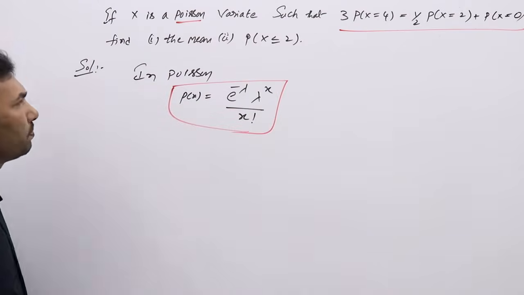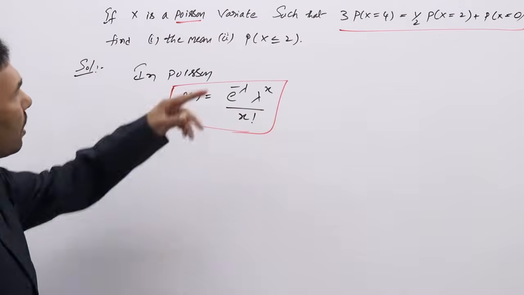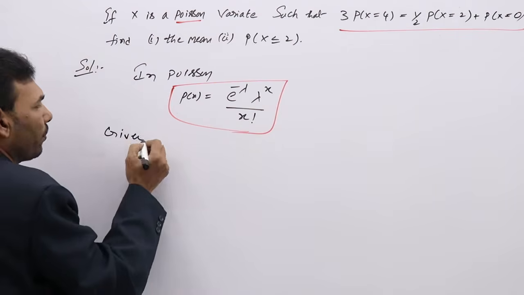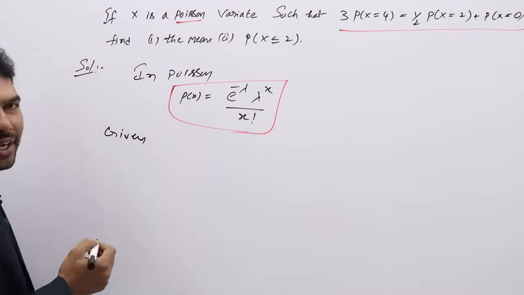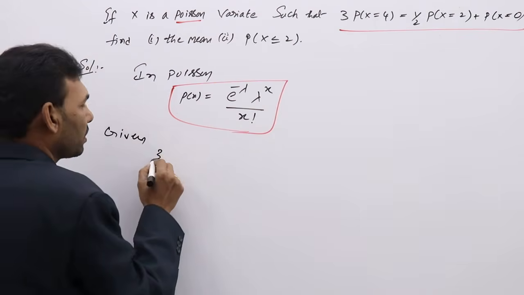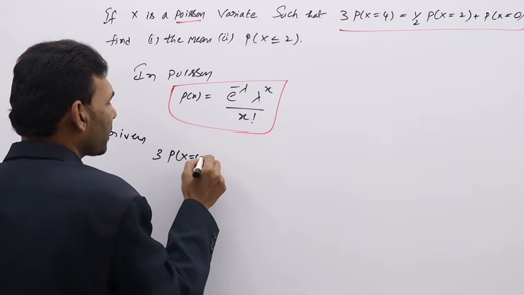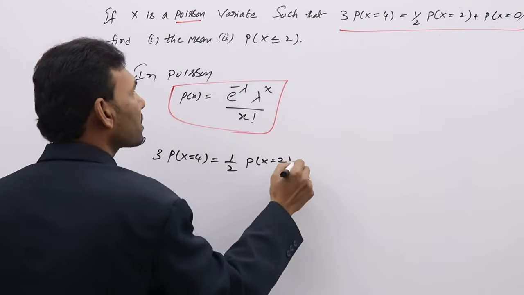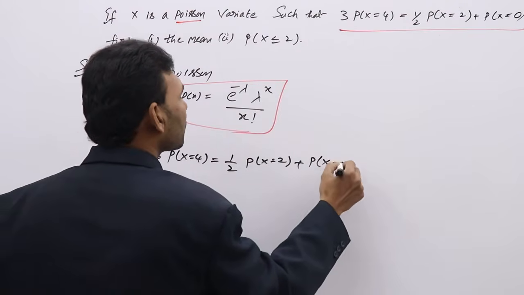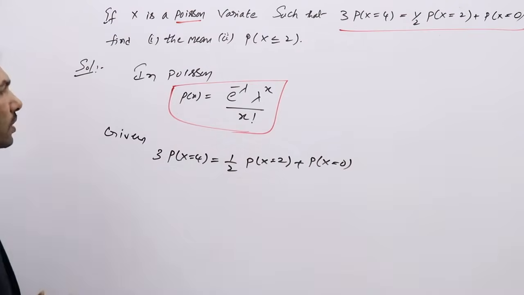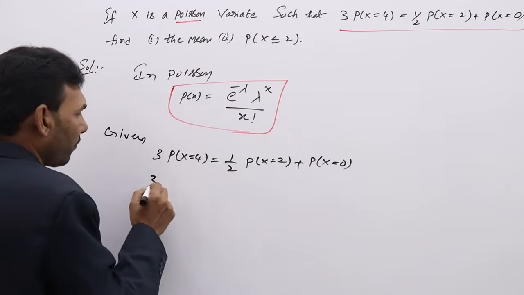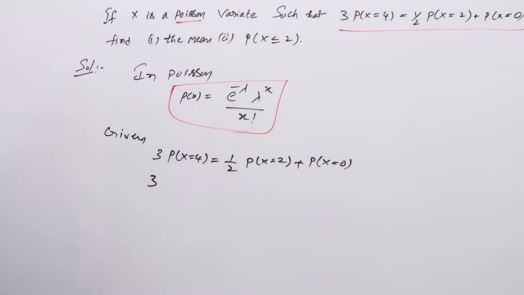So now, by taking the given condition, we are going to evaluate the lambda value. What is given? 3 into p of x equal to 4 equal to 1 by 2 into p of x equal to 2 plus p of x equal to 0. In that formula, write 4 in the place of x.